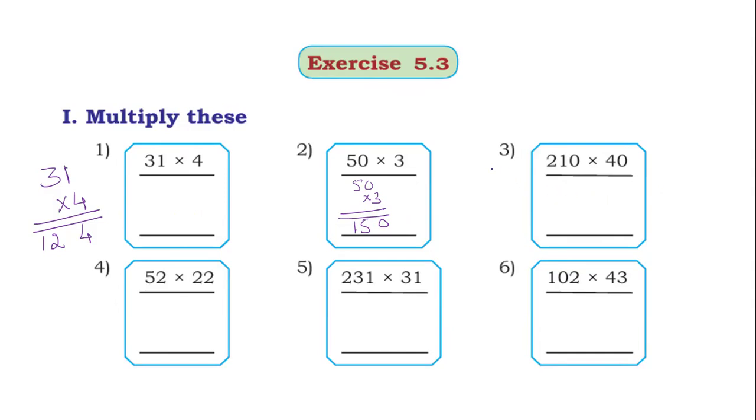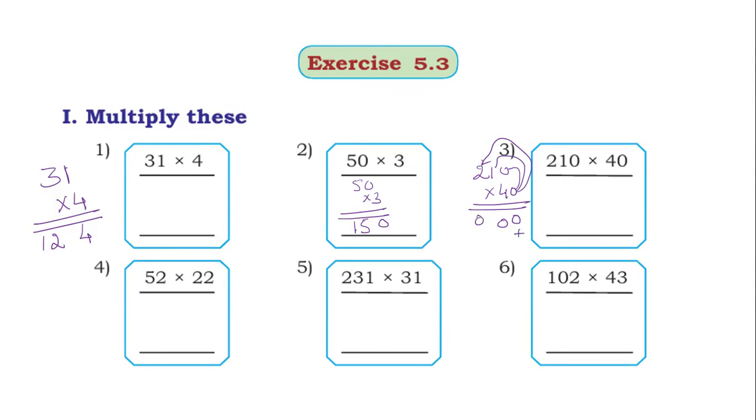And the third one, 210 into 40. Start with 0. 0 into anything is 0. 0 into 1 is 0. 0 into 2 is 0.